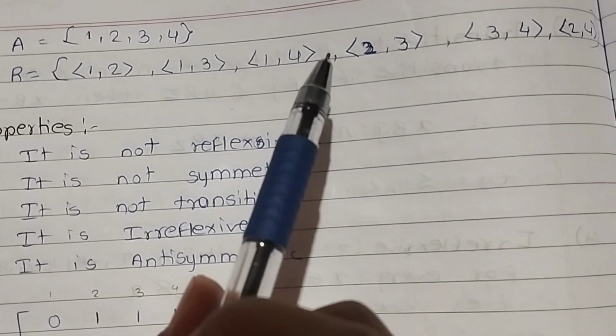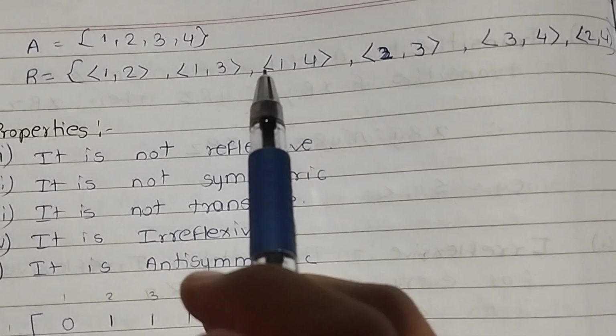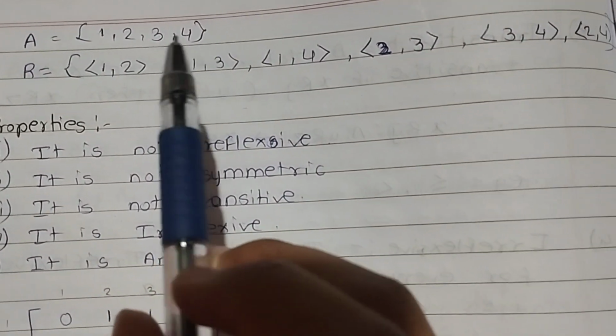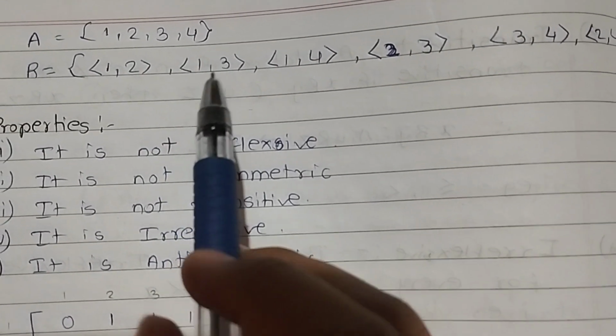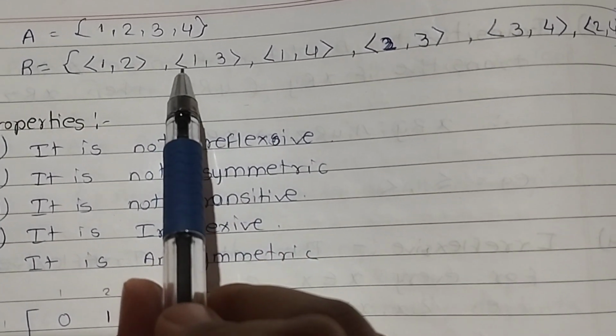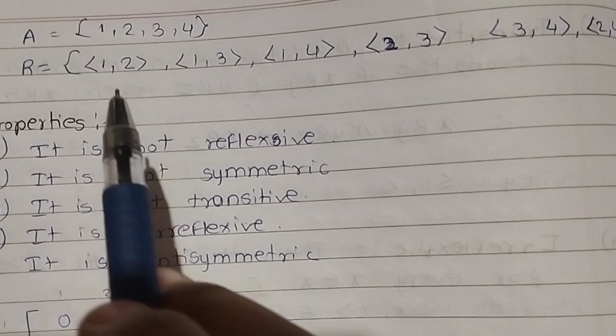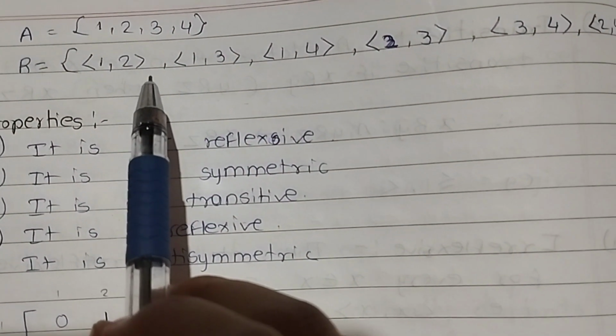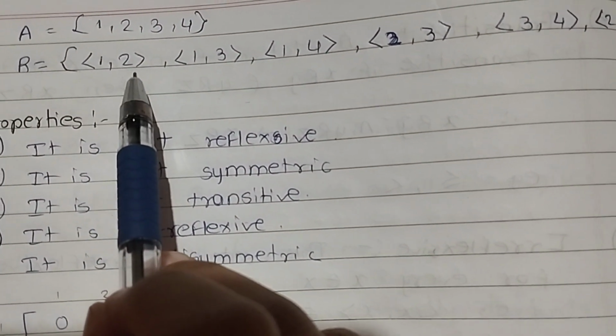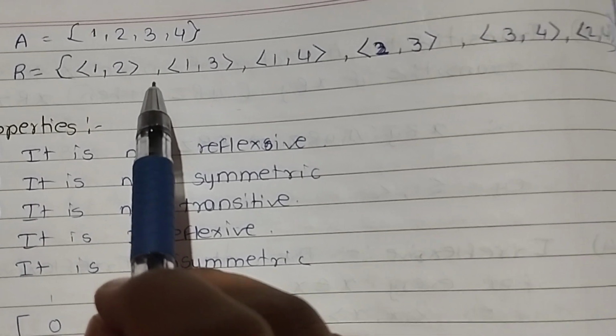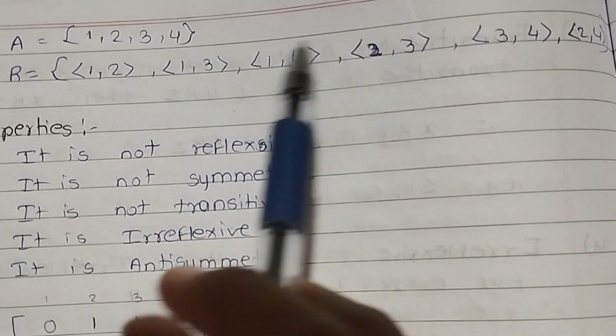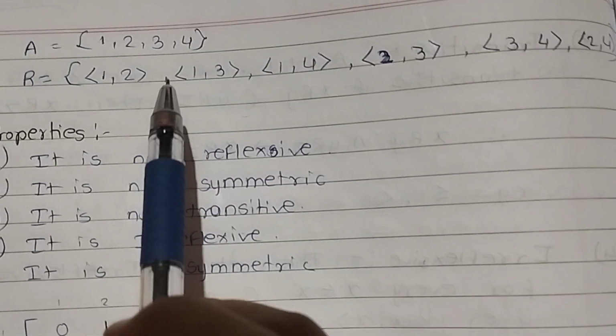So here no 1 1, 2 2, 3 3 type of element is present. So this does not follow the reflexive property. Now the symmetric property. What is the condition? If 1 and 2 is present, then 2 and 1 must also be present. But here no 2 and 1 is present.